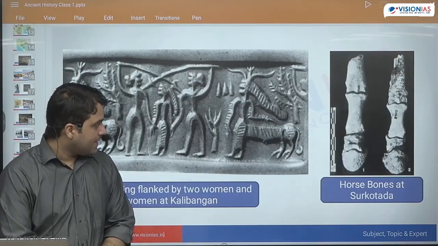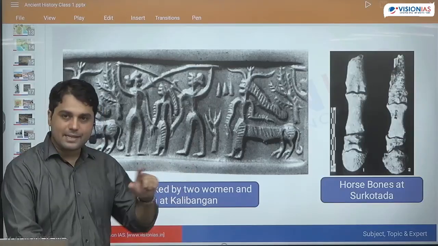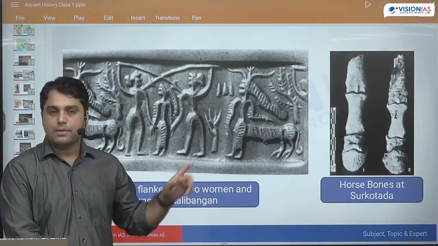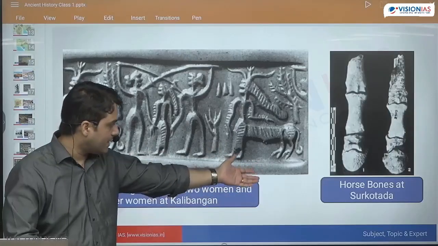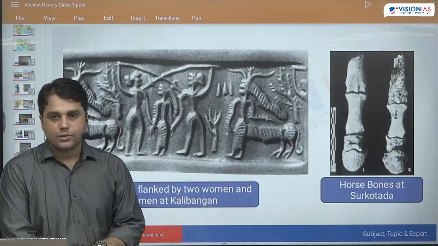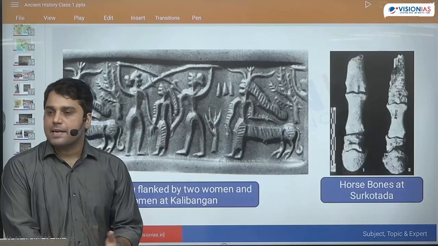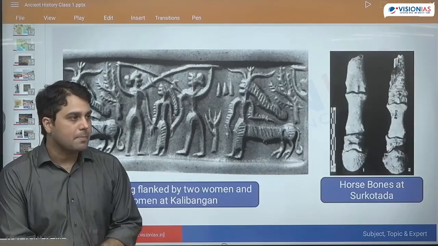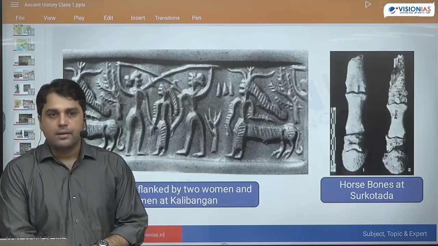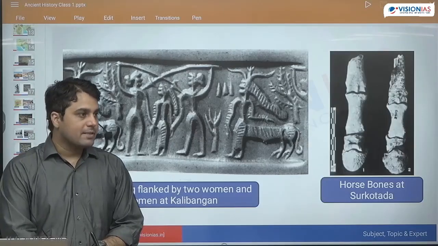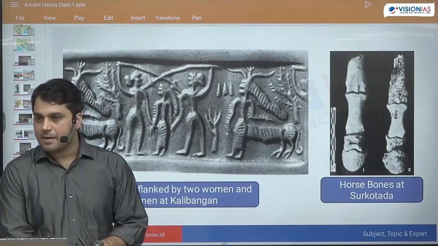But despite that, we went ahead with marking that statement wrong, because in R.S. Sharma, and in fact any textbook you read, you'll find that horse bones have been found at Surkotada. But for UPSC, that statement was the correct statement, that people of Indus Valley civilization had no information about horses. But even today, if the question is repeated, I will still consider that statement to be a wrong statement.